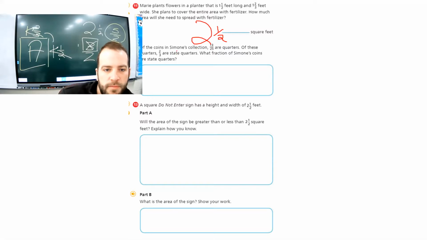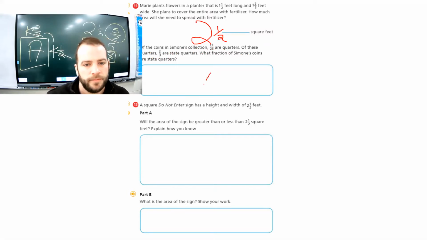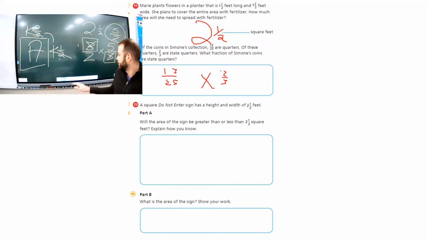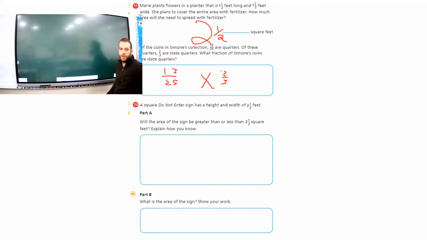Of the coins in Simone's collection, 13 25ths are quarters, and of the quarters, 2/3 are state quarters. What fraction? What did I just tell you about these kind of questions? They're multiplication. So we're going to multiply 13 25ths and 2/3.